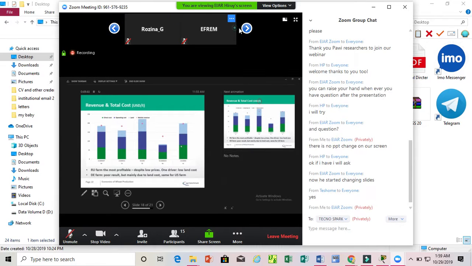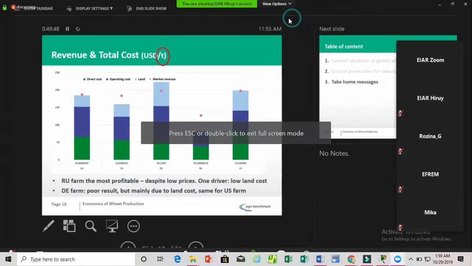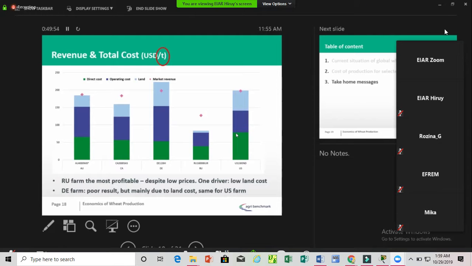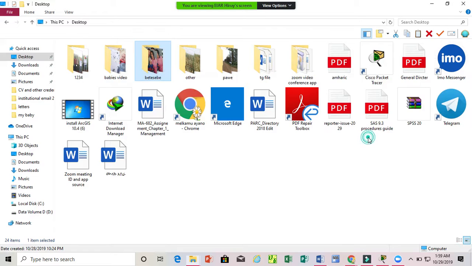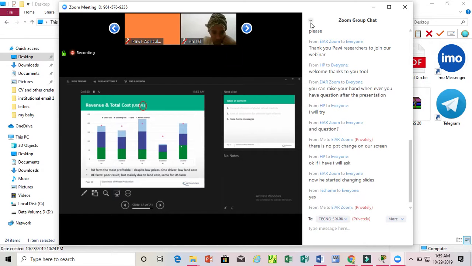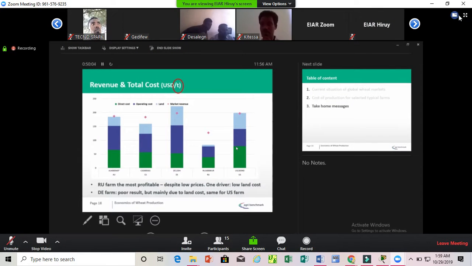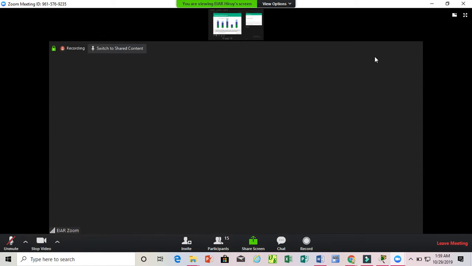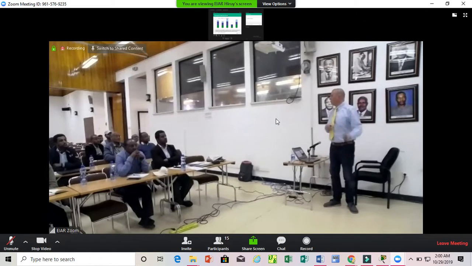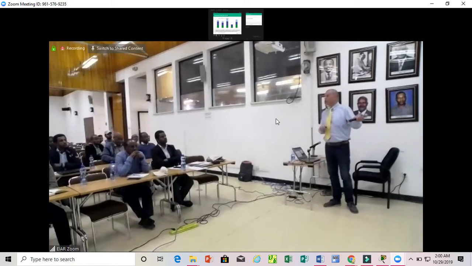Yeah, and again, I did the calculation on a per ton basis. And what you can see here is that on a per ton basis, again, how competitive the Russian farm is. And what you can see here also is how important land cost is. Sorry, I forgot to introduce you to the legend. So this is direct cost, so basically seed, fertilizer, crop care.